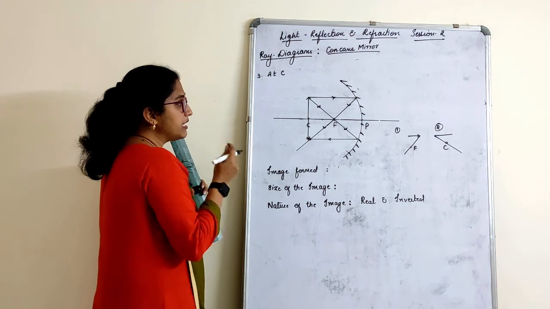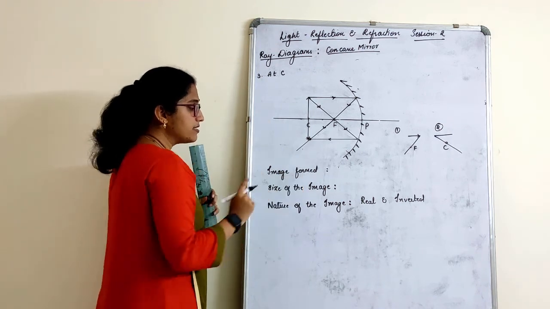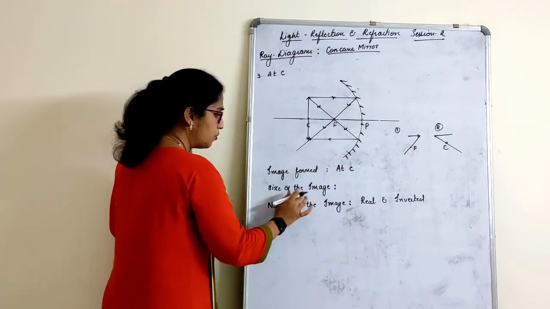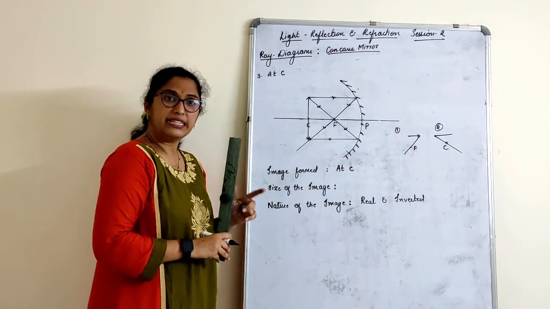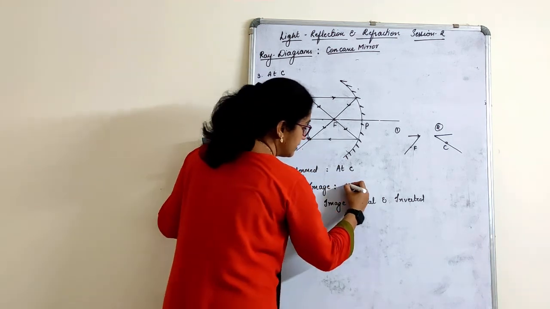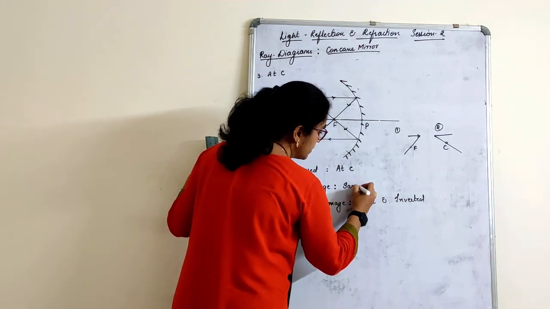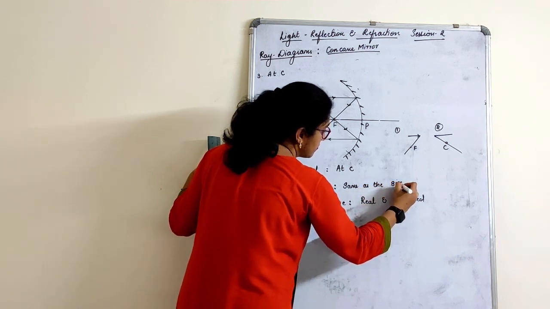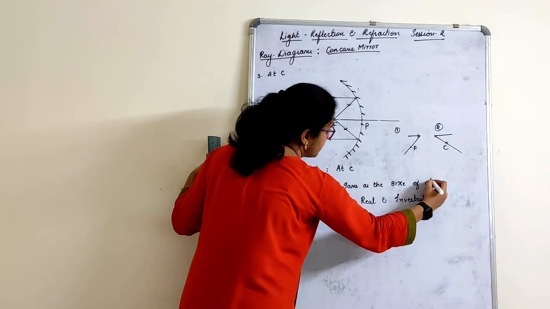Right? So now you tell me, when you look at this, where is the image formed? Image is formed at C. What is the size of the image? Is it the same as the size of the object? Yes, right. Same as the size of the object.